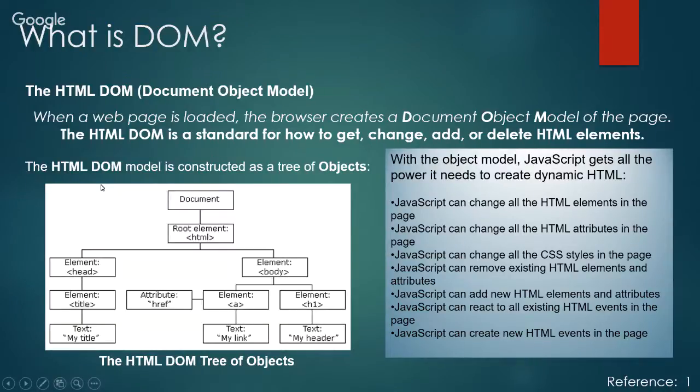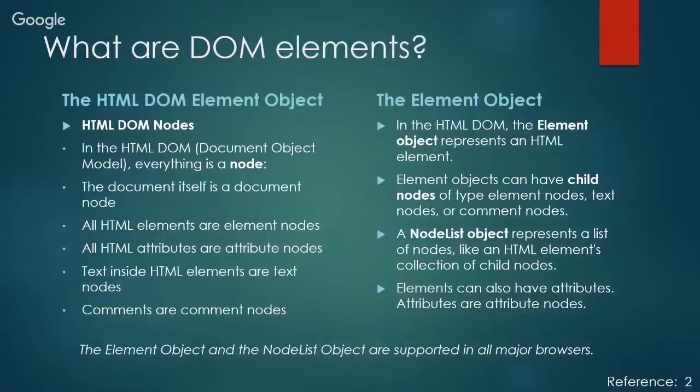Within the DOM element object, there are nodes. So everything on your page is going to become a node. The page itself is a node. The texts are nodes, elements, attributes. Everything becomes a node. And then the DOM element object is going to represent HTML elements.